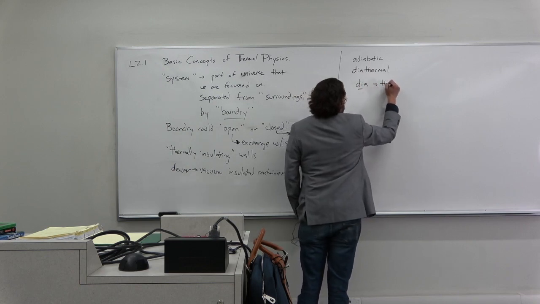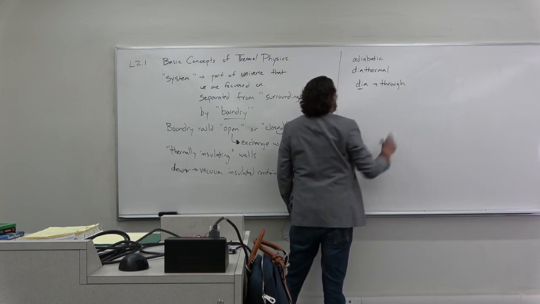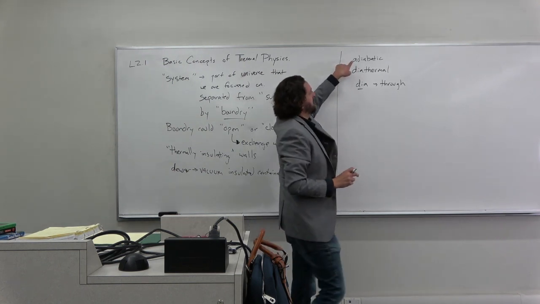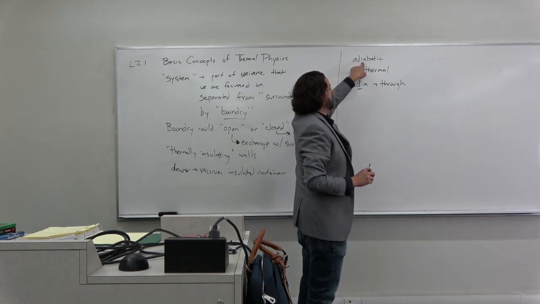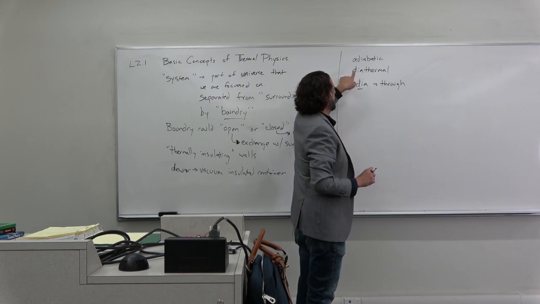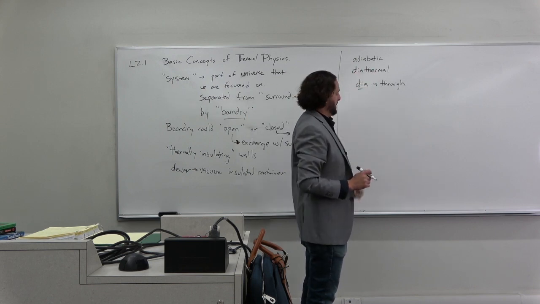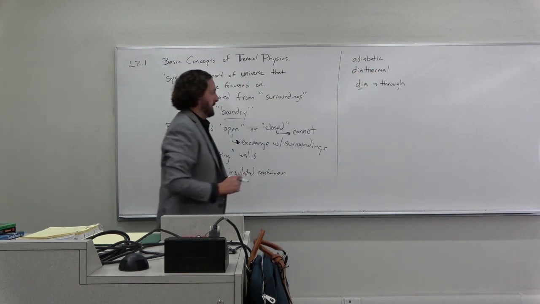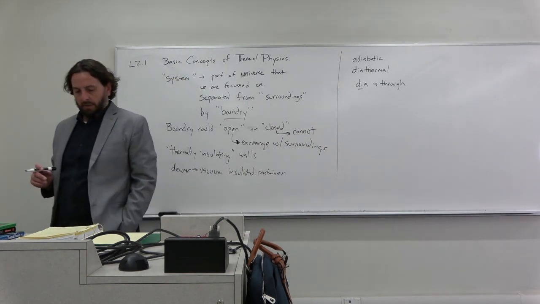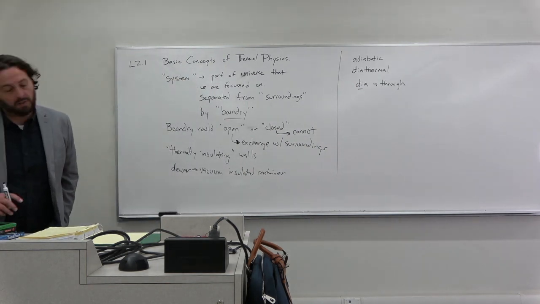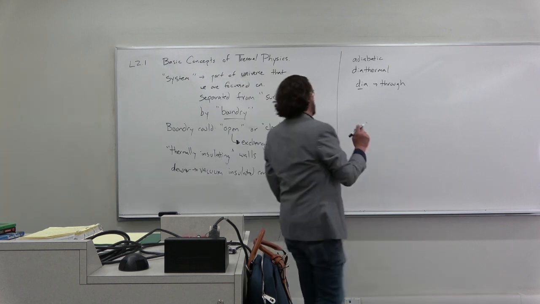That means through in Greek, right? So this one means it's adiabatic. It doesn't actually exchange energy, and diathermal means it does allow thermal energy to pass through. Sorry, let me say that again.